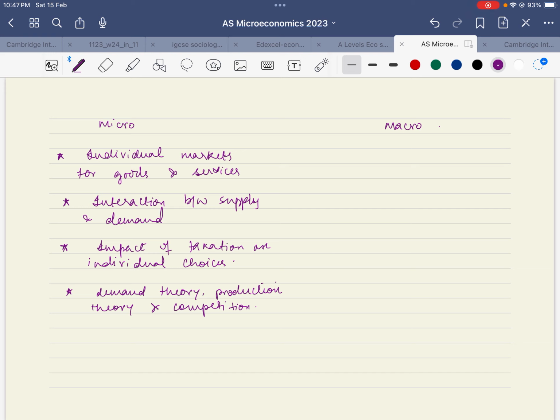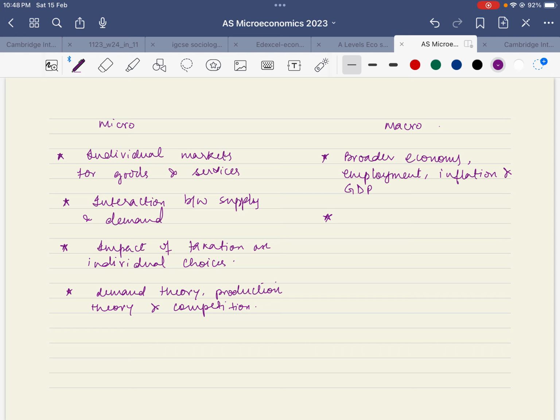Macroeconomics, on the other hand, focuses on broader economy and talks about topics such as employment, inflation, and GDP.